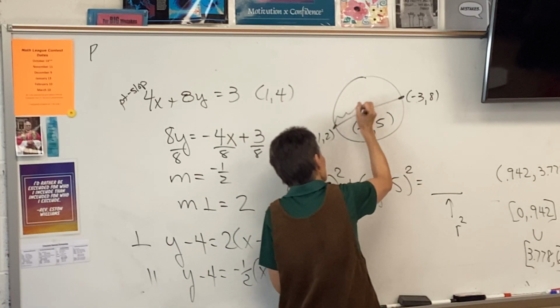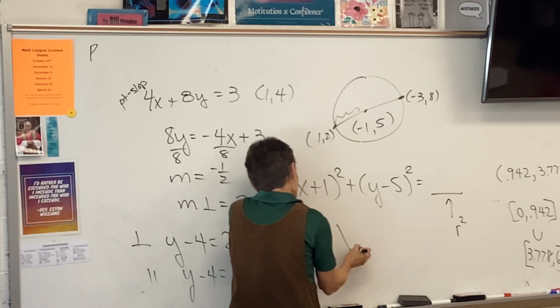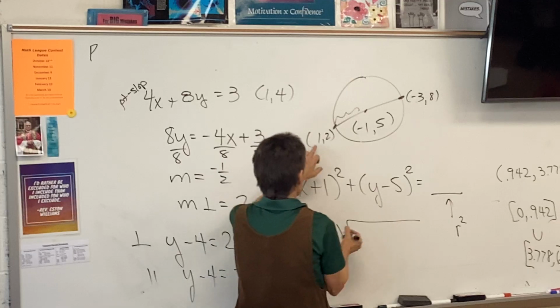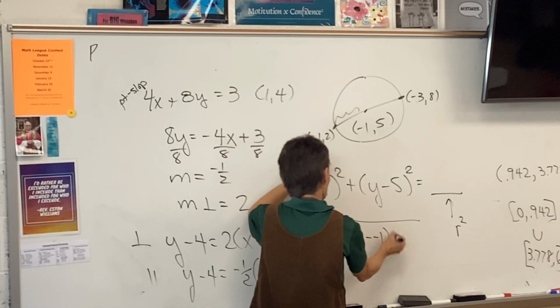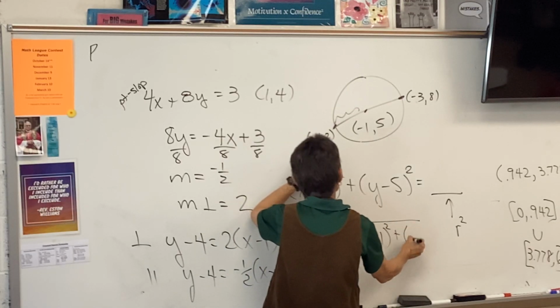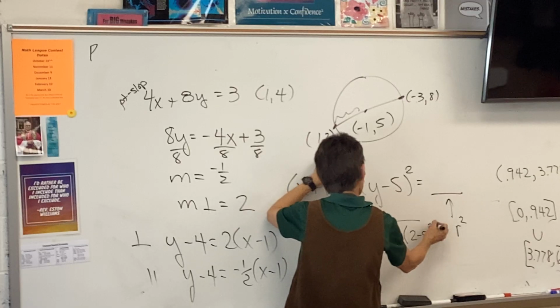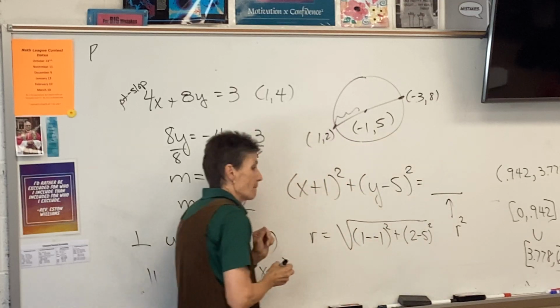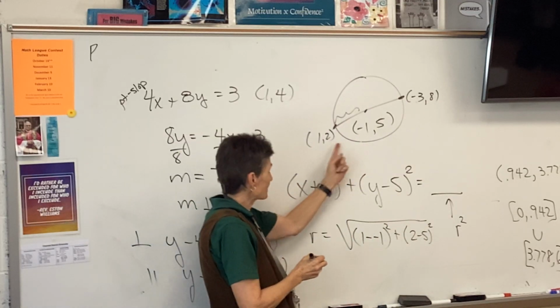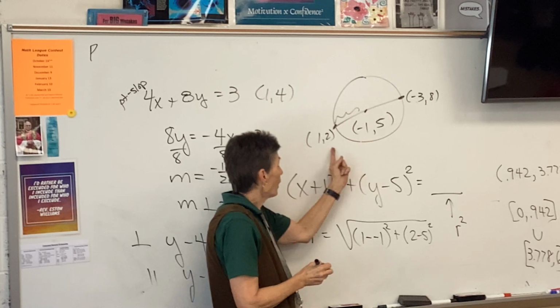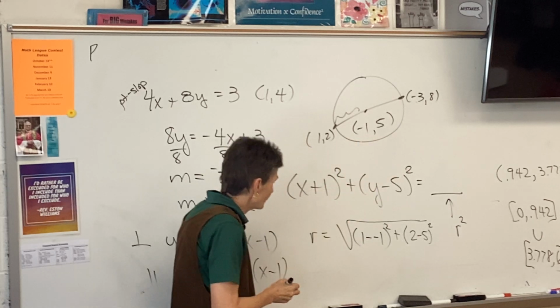So I'll use this one, right? So my radius will be the square root of (1 minus -1) squared plus (2 minus 5) squared. So always x minus x, y minus y, here we go.